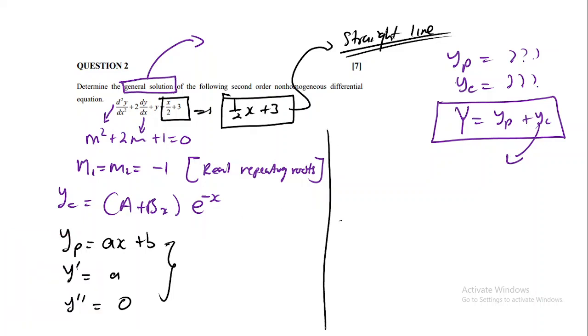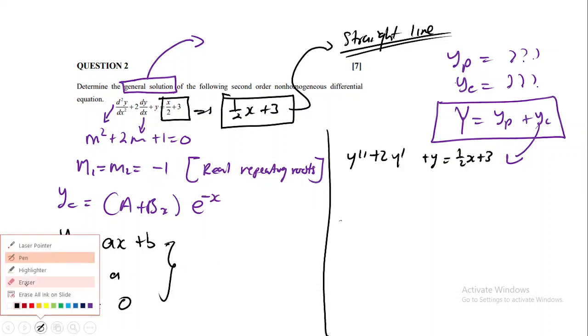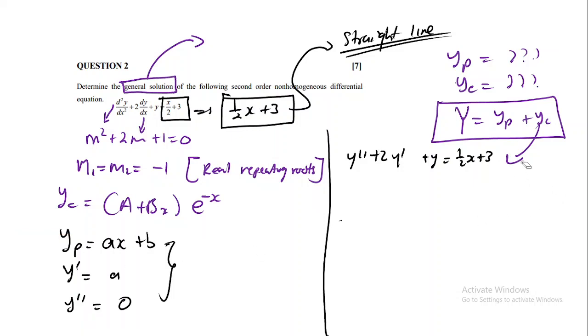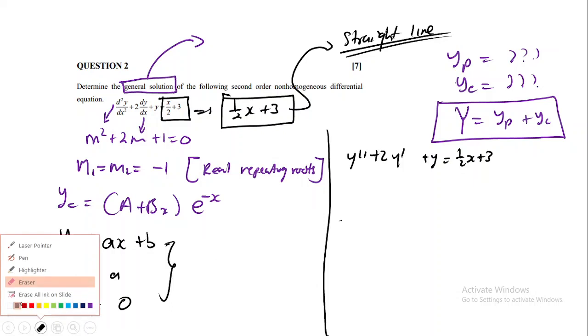What is the next thing you're going to do now? You're going to write your function, which is y double prime plus 2y prime plus y, equals 1 over 2 x plus 3. Now you're going to substitute your y prime and your y double prime, where you see y prime and where you see y double prime.